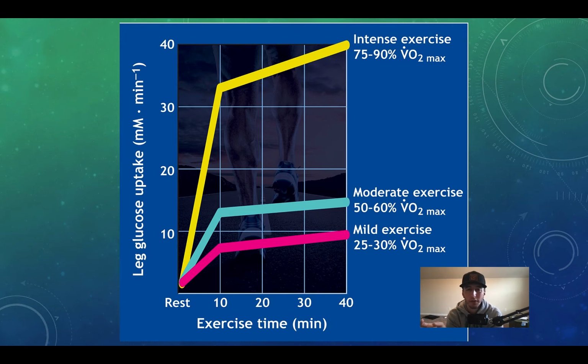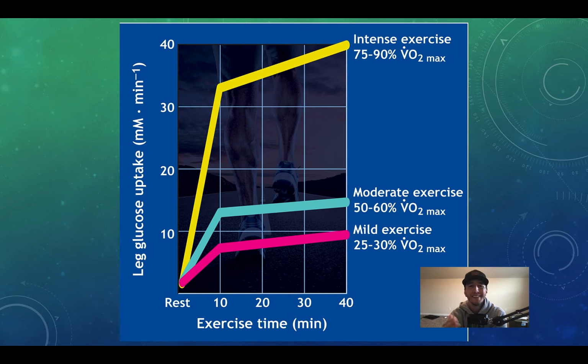Basically, they put a needle in the artery side of the leg and also in the venous side of the leg, so they can pump this labeled glucose in through the artery, it cycles down through the muscle and comes back out through the vein. We can infuse something into the artery and collect it out of the vein, and see how much of that radioactively labeled isotope has been collected inside the muscle.